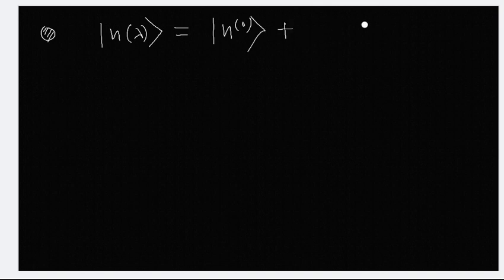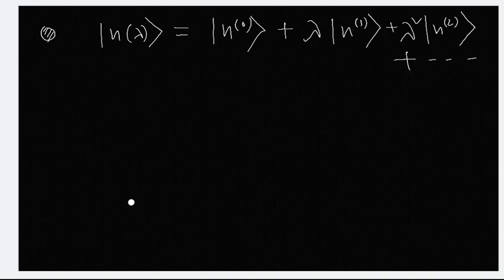And we have proposed the approximation scheme from perturbation theory. It tells that this n lambda will basically be the unperturbed state plus some correction terms depending as a power law of lambda: lambda n1, lambda square n2, and so on.